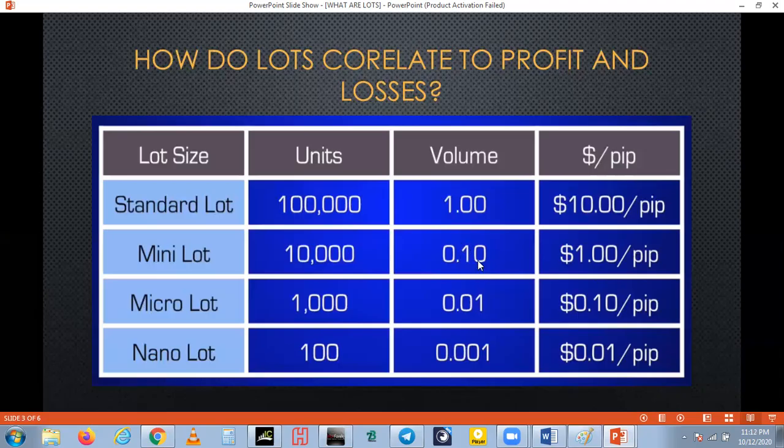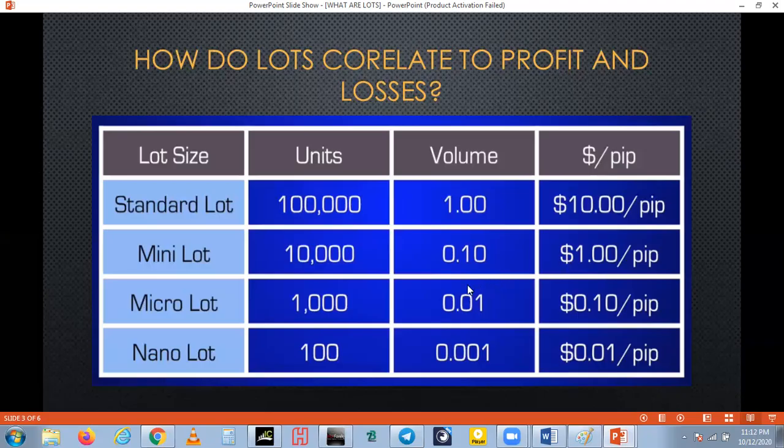That means you're making $4 for 1 pip. Using 0.40, that's 4 mini lots, and for 1 pip you're making $4. Or if you use 3 mini lots, that's 0.30. For 1 pip, you're making $3.